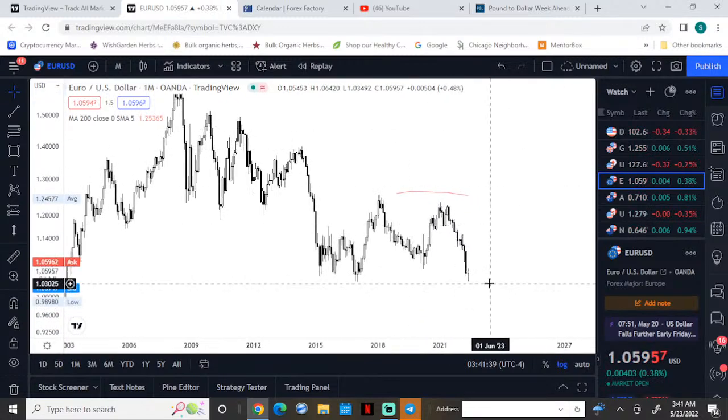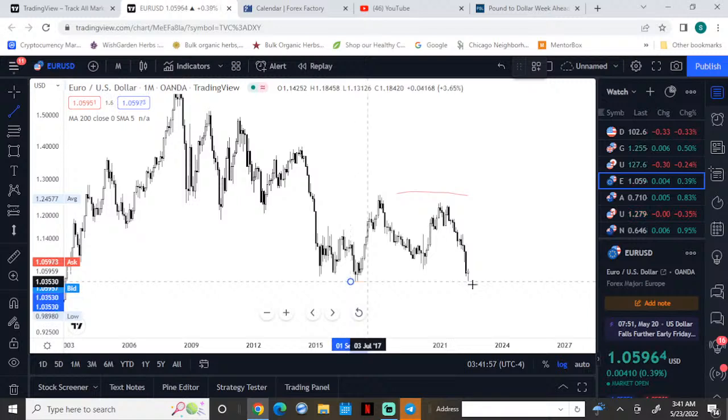All right, let's go to our most recent low. The euro has dropped down to December 2016 lows. Woo. Let's see, is that even? Looks like it.